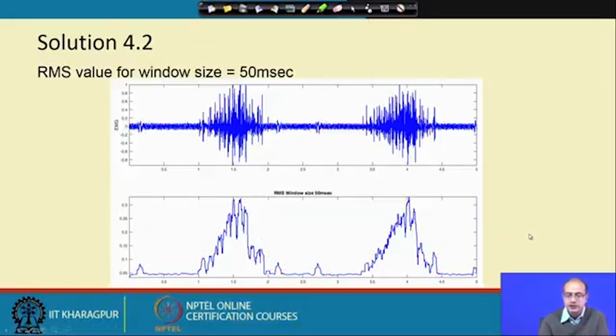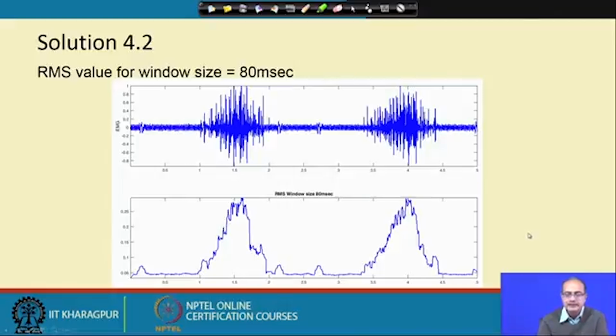Now, next we go for 80 millisecond. With 80 millisecond, what we get is that the jaggedness of the output has reduced. If you look here, it is less jagged.